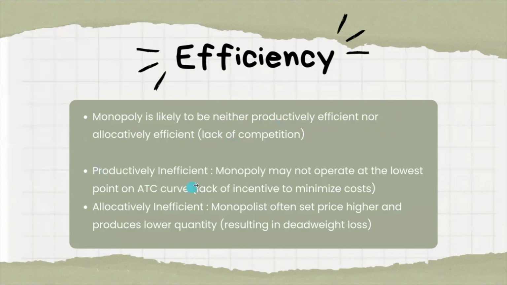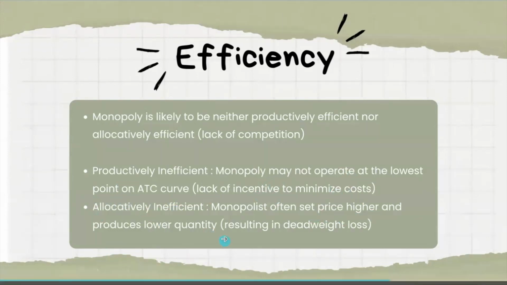It is productively inefficient because there is a lack of incentive to minimize costs, so they may not be operating at the lowest point on the ATC curve. A monopoly is also allocatively inefficient because they often set prices higher and produce less quantity, which results in deadweight loss.